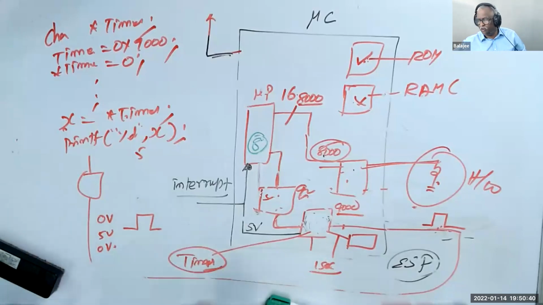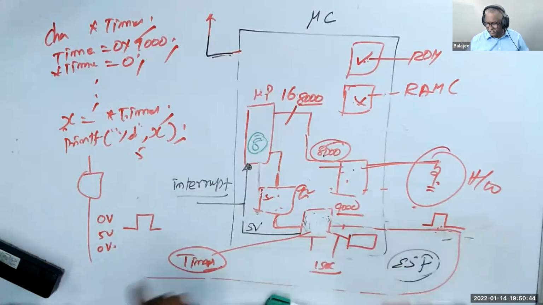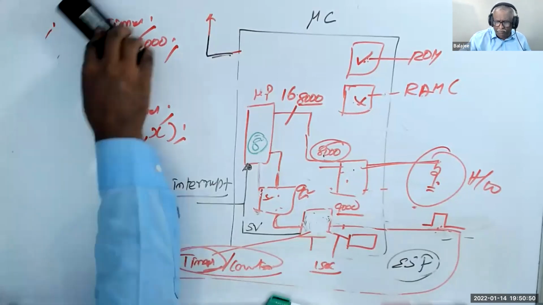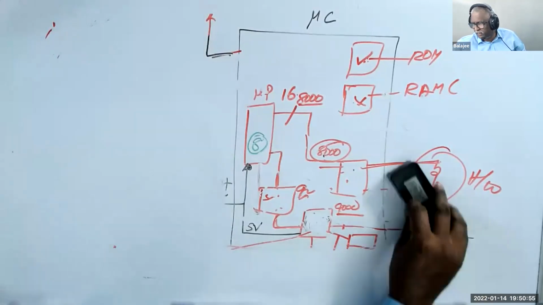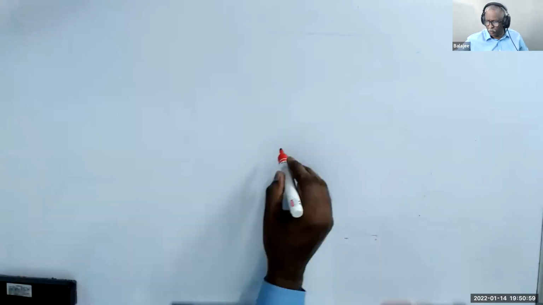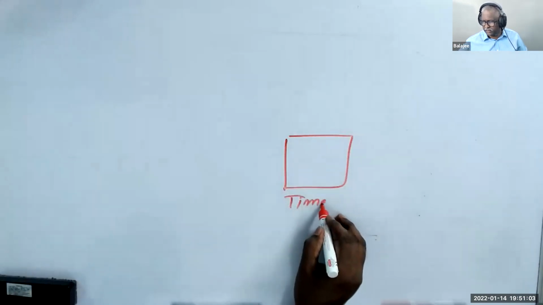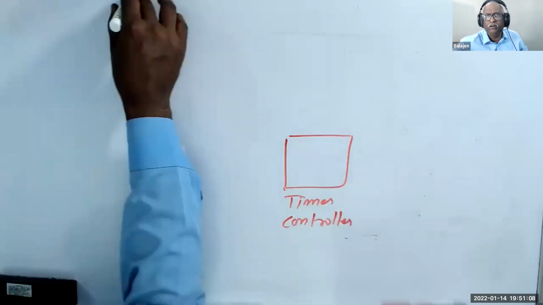But if you have an object coming from outside, and that guy is counting the pulse, then it's called a counter. So it is another simple, intelligent controller, but it only does timing and counting, nothing more than that. That's why this object is called the timer controller.